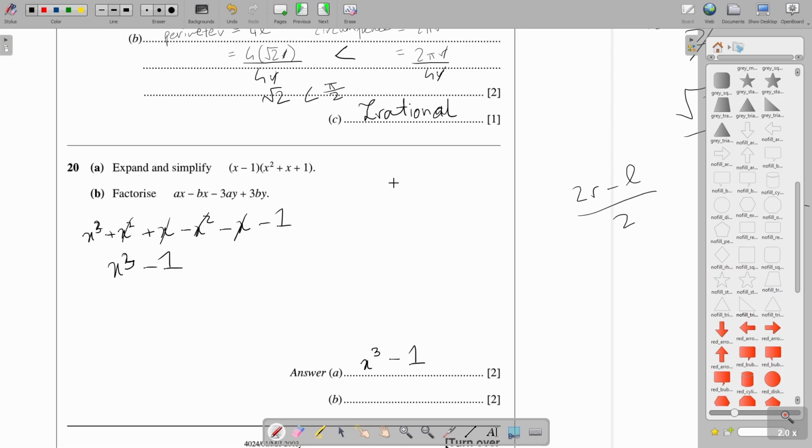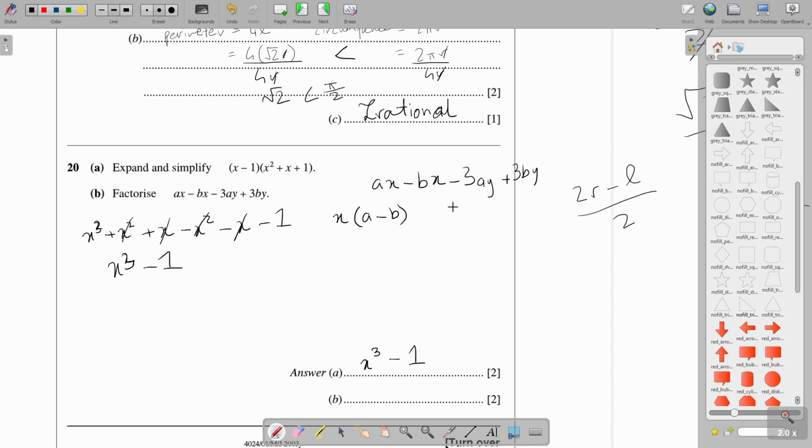Okay, factorize this. Factorizing is basically bringing it into this form, where we have our factors written split like that. To do that, we simply take out whatever is common. So, 3ay plus 3by. Here I know that x is common, so I'll take out the x and I'll do a minus b, because when I multiply x by a, I get ax, and when I multiply x by minus b, I get minus bx.